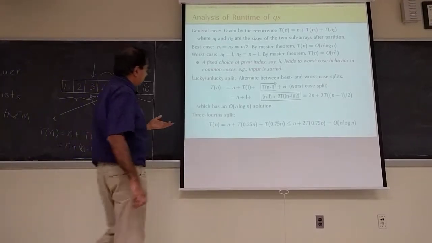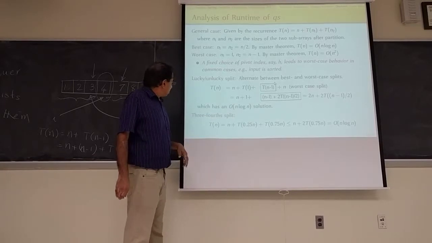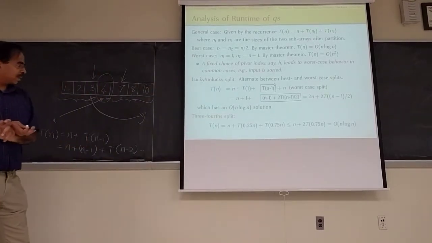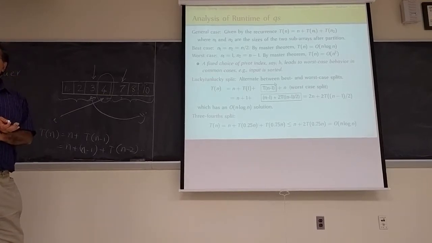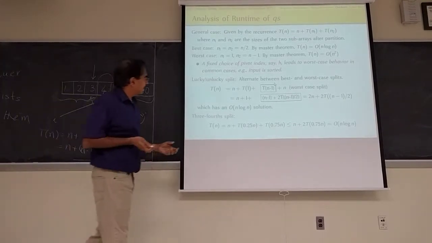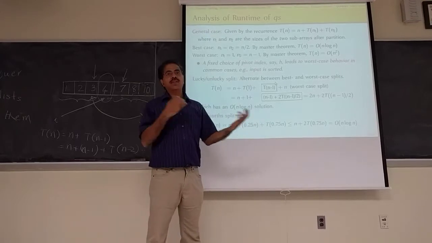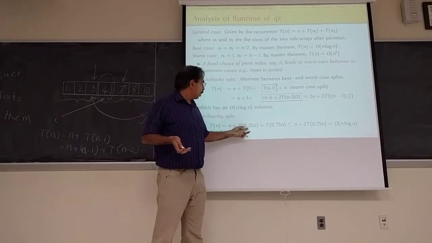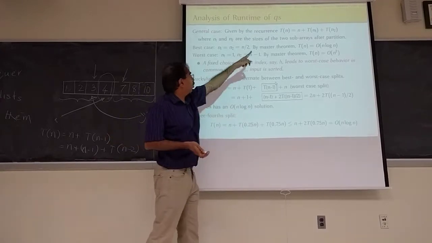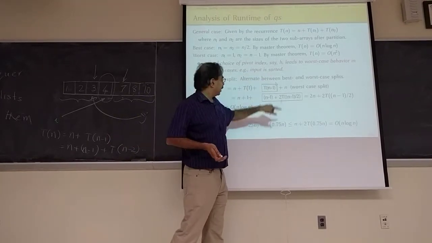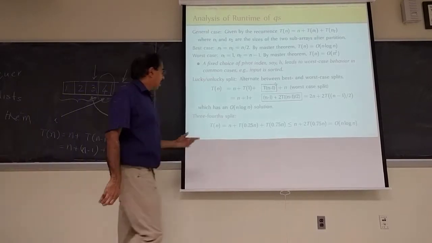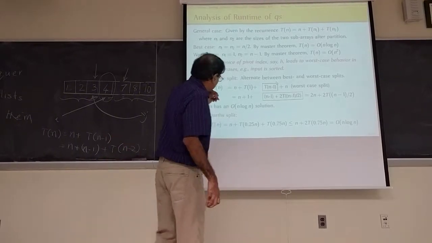What happens if you don't get lucky, but at least the way you split them is not a disaster? So let's say you divide them in the ratio 1 to 3, not 1 to n. So n1 becomes 0.25n, and n2 becomes 0.75n. Now how do I solve this?